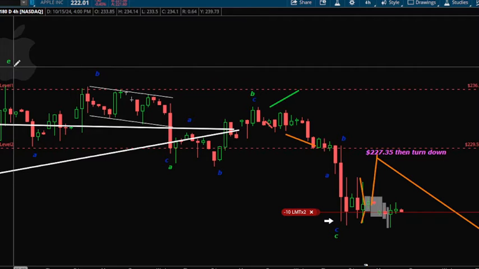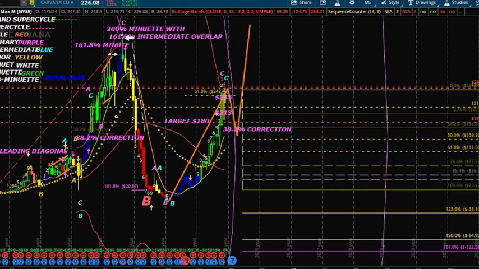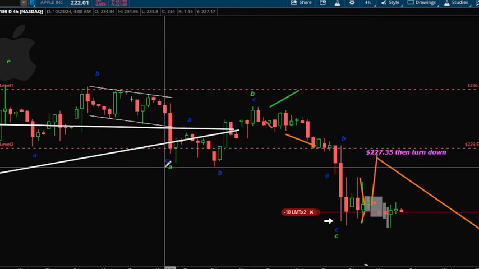Starting from the triangle E on the minuet. We got A, B, C down, sub-minuet.